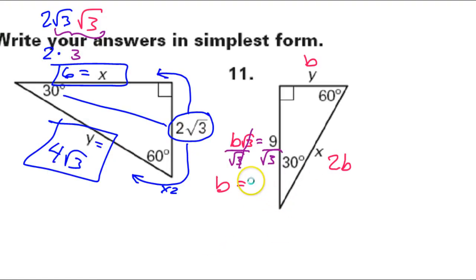Okay, so b is 3 radical 3. Now we need to translate that into x and y. Well, this part is super easy because b is y. Okay, so that means that y is 3 radical 3.